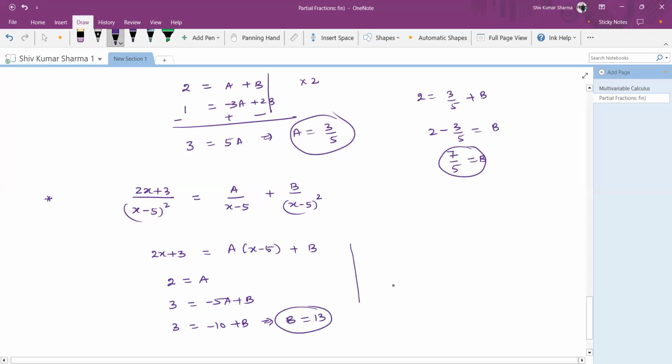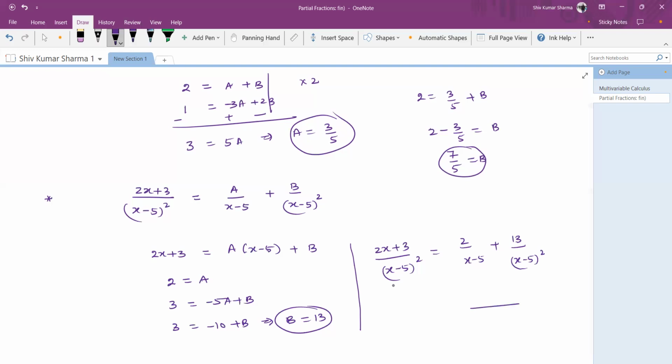So we write 2x plus 3 upon x minus 5 the whole square is equal to 2 upon x minus 5 plus 13 upon x minus 5 the whole square. To verify whether this answer is correct or not, we take the LCM, which is x minus 5 the whole square.